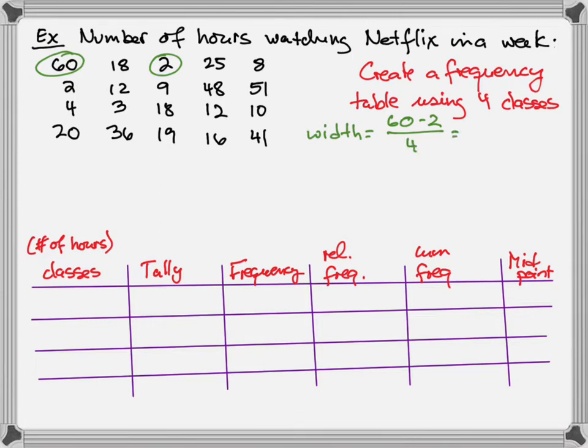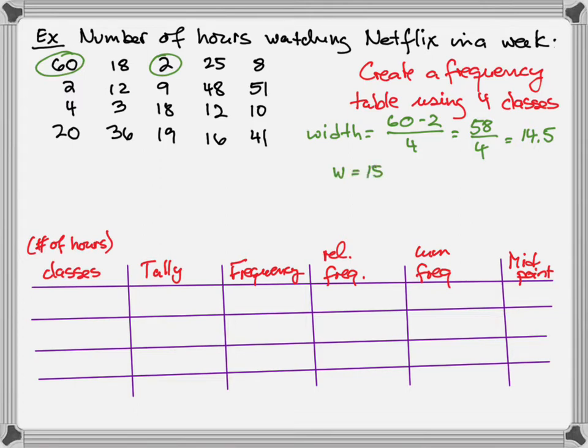So please do not change that number. If it's given to you, use it. So that's 58 divided by 4, and 58 divided by 4 is 14.5. Now, to use the width, we are rounding up. We always round up, so the width that we use here would be 15.